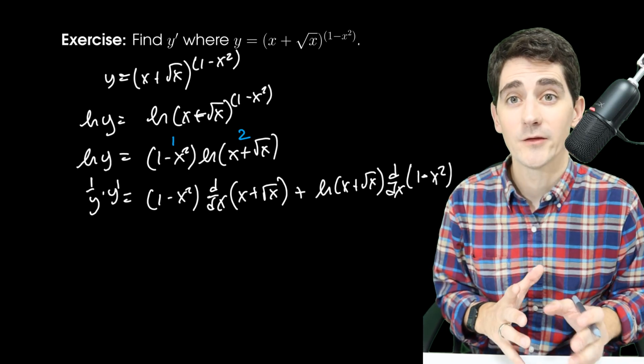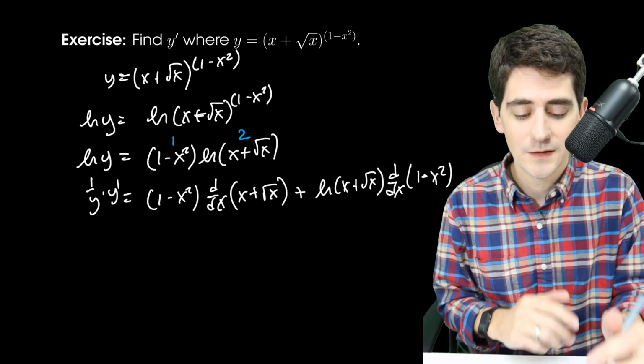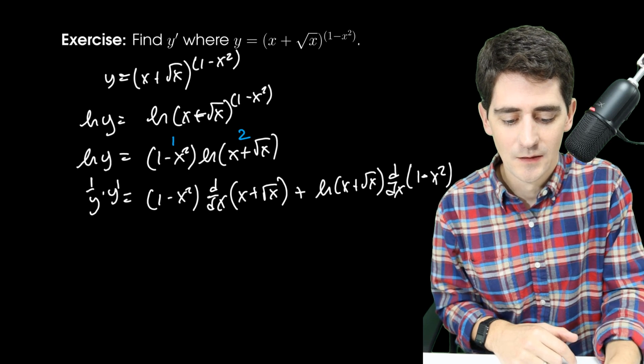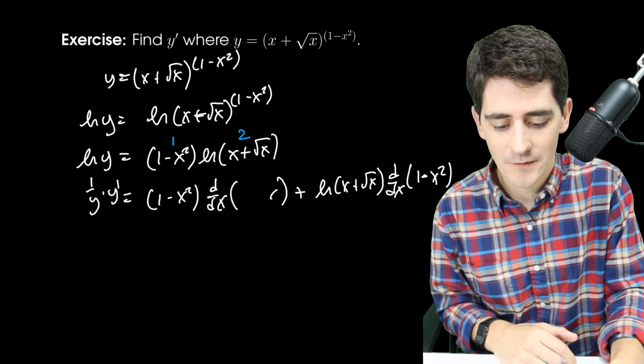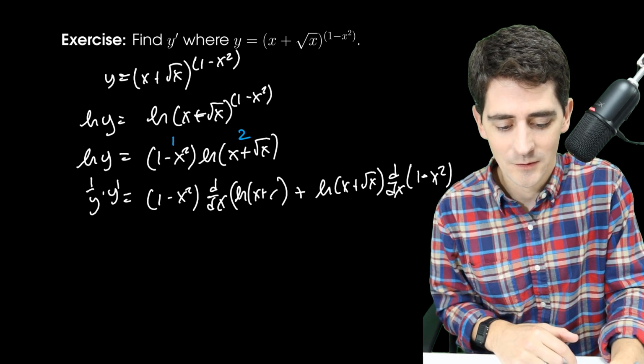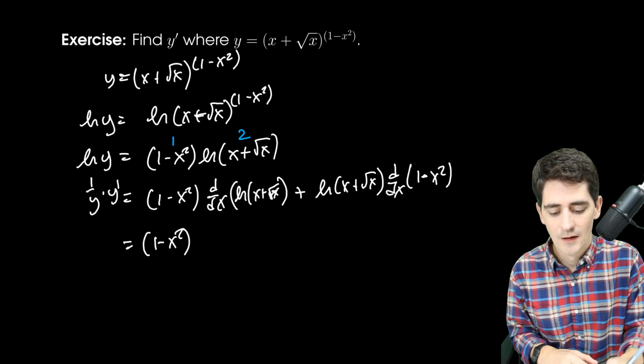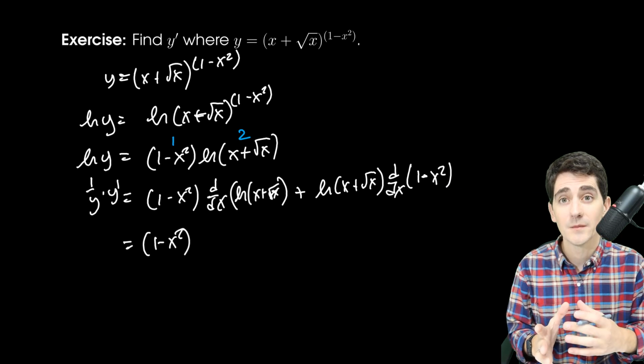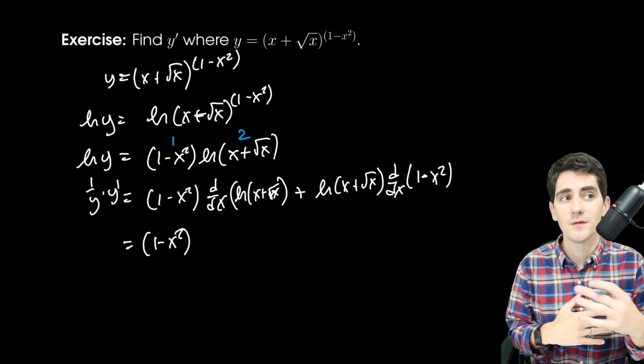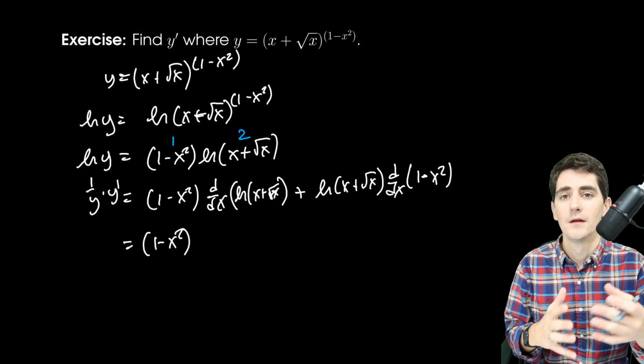So I kind of wrote it like that so I can break down my derivatives one at a time here, and I actually made a mistake. The d2 is actually the derivative of ln of x plus square root of x. So now applying those derivatives, I have 1 minus x squared. The derivative of ln of something is 1 over that something times its derivative, right? 1 over u times du dx.